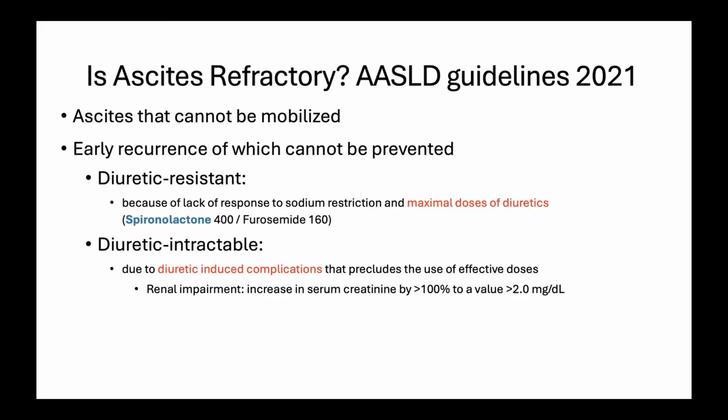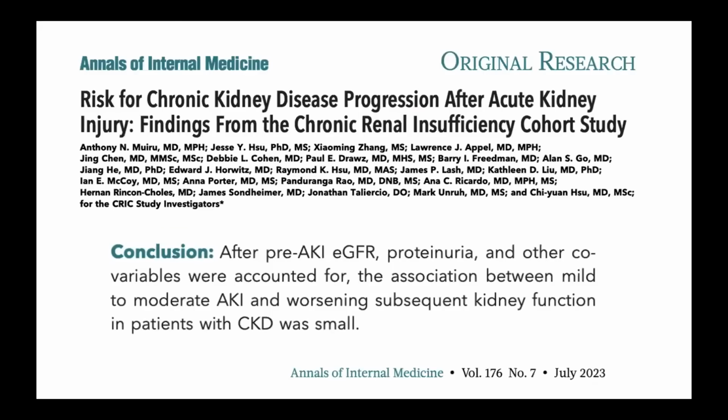And so that was a reason that if you have a patient with ascites, you put them on diuretics and there is an increase in creatinine, you stop the diuretics, you classify the patient as having refractory ascites, and you start paracentesis. And I think there are many patients who could have ascites well controlled with diuretics but for this reason are not treated with them. I thought it was very interesting when I found this paper published in Annals of Internal Medicine in 2003 that evaluated very carefully the impact of these episodes of mild or moderate AKI on the trajectory of kidney function.